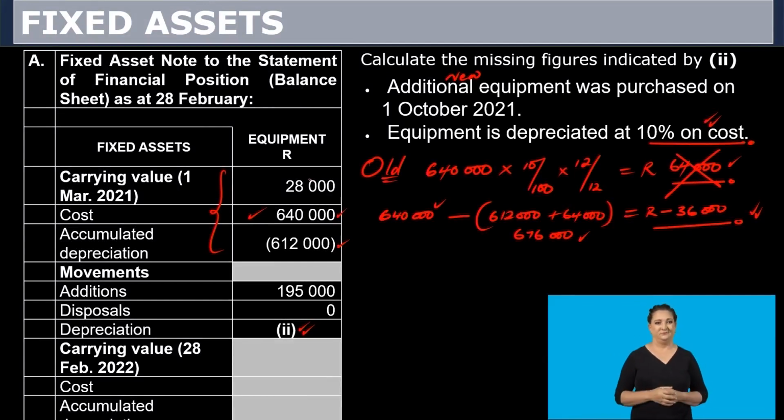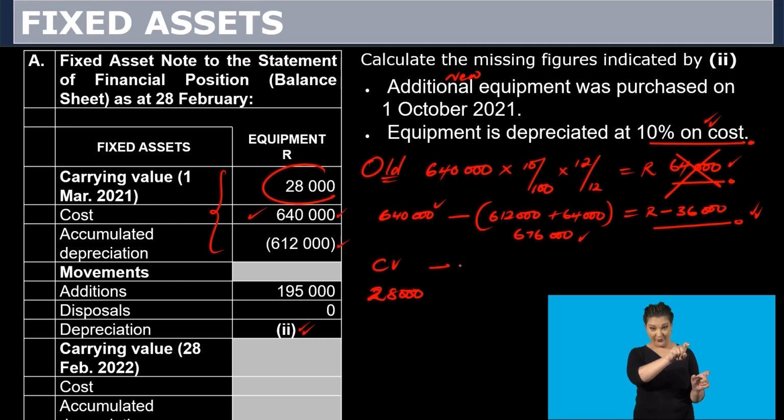I would then come to the 28,000, that is the carrying value. So I'll now say on my carrying value, which is 28,000, I will lose value to depreciation, but at the end of it, I must still have carrying value, which is 1 rand.